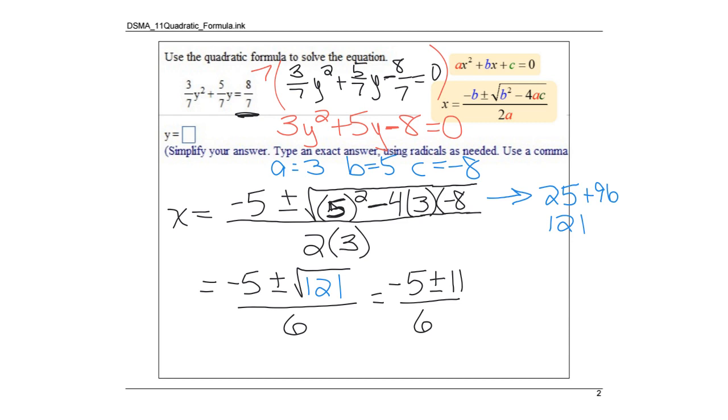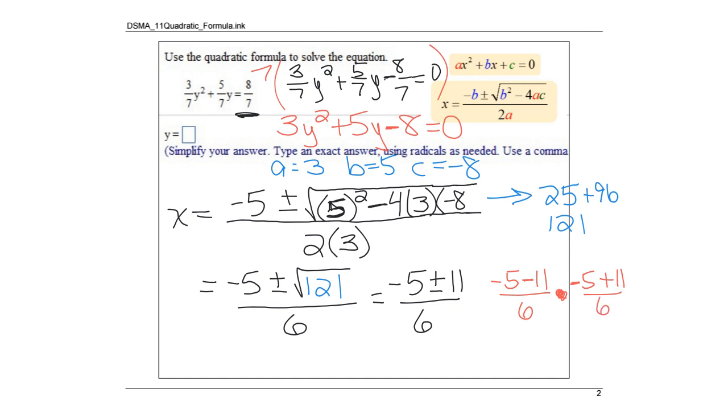But for right now, we cannot leave it in this form. If you type it into MyMathLab looking like this, it's going to say that although you have the correct answer, it is not in the correct format. And so what we're going to have to do is take care of both of these. We're going to take negative 5 minus 11 over 6. And then we're going to have negative 5 plus 11 over 6.